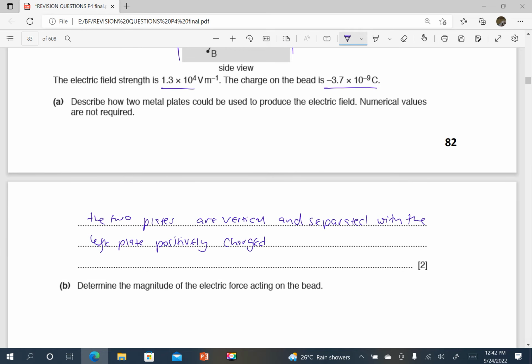So I am saying the two plates are vertical and separated with the left plate positively charged and the right plate negatively charged.